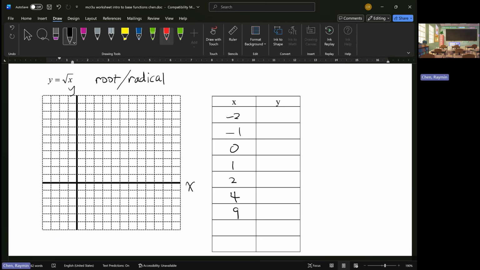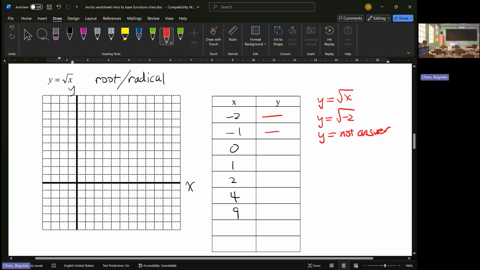Now, believe it or not, when you punch this into the calculator, and let's try it to show my work, y equals the square root of x, and plugging in -2, what are we going to get? Not an answer. You get a math error. So there's no answer for y. So that seems strange, but let's keep on going.